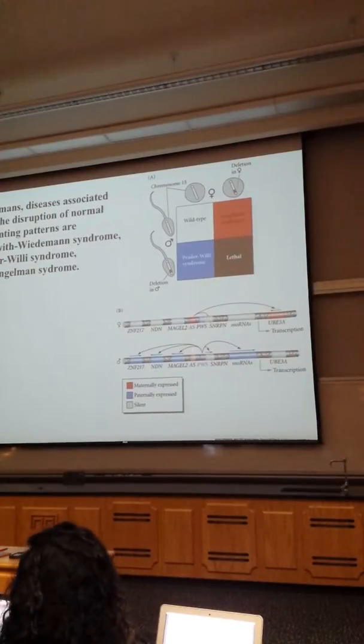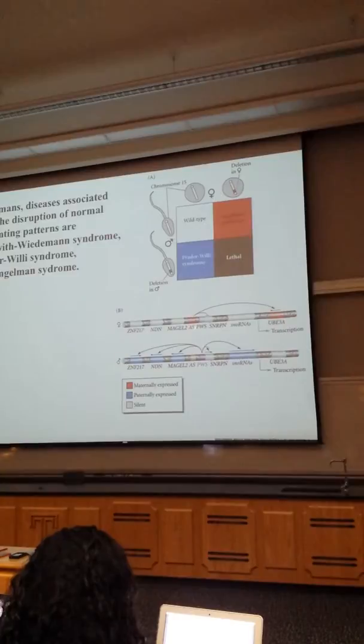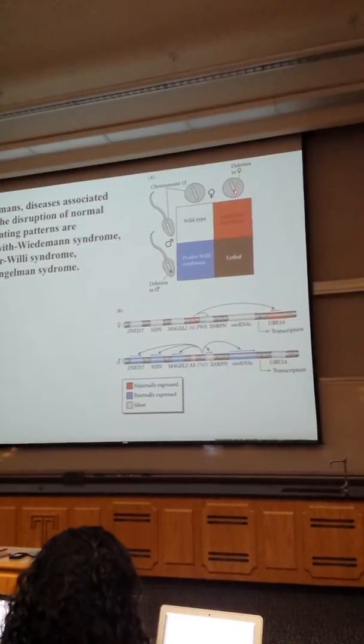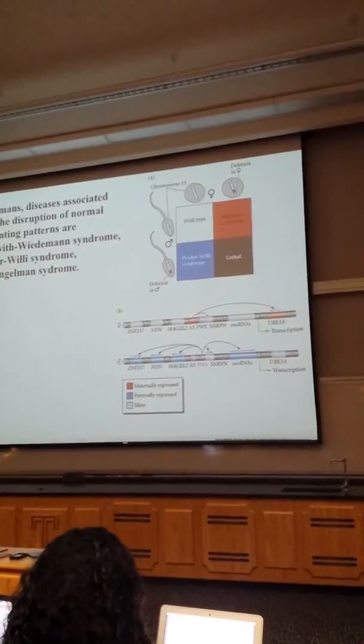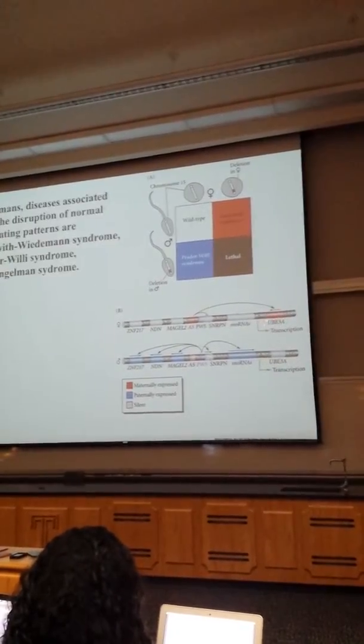In the case of Angelman syndrome, the region that's actually deleted is a small segment of DNA. That's actually a regulatory region. It controls expression of the UBE3A gene.